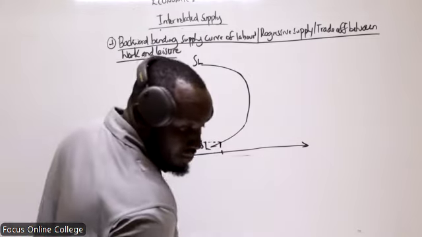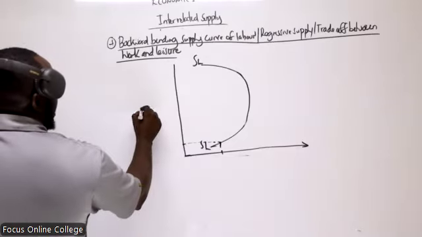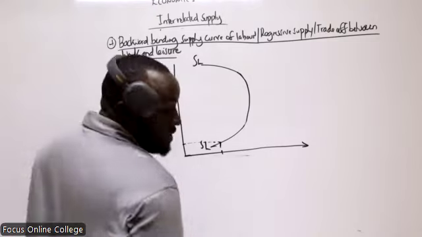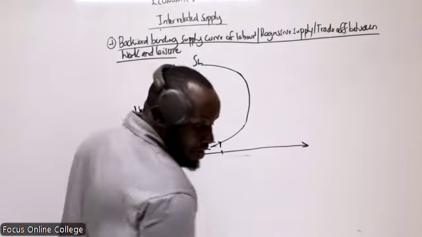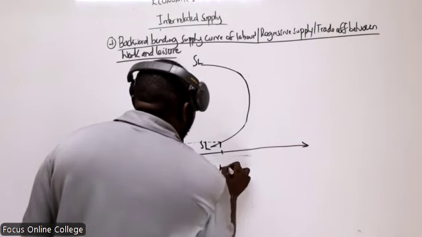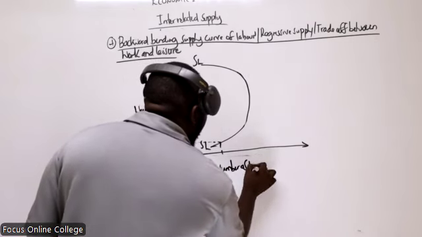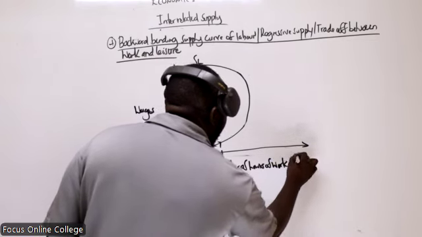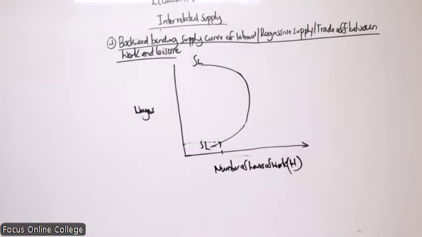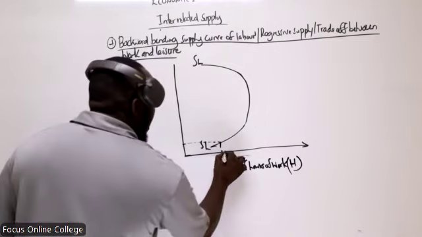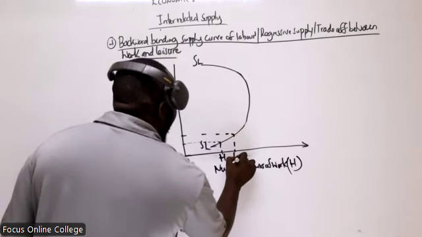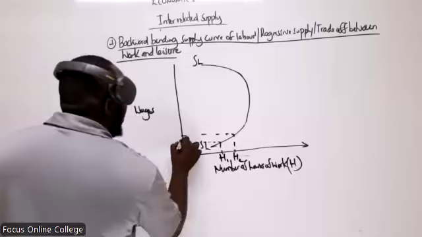On this axis we have wages. Then this is H, the number of hours of work. We give it as H. So this is H1, we have H2.